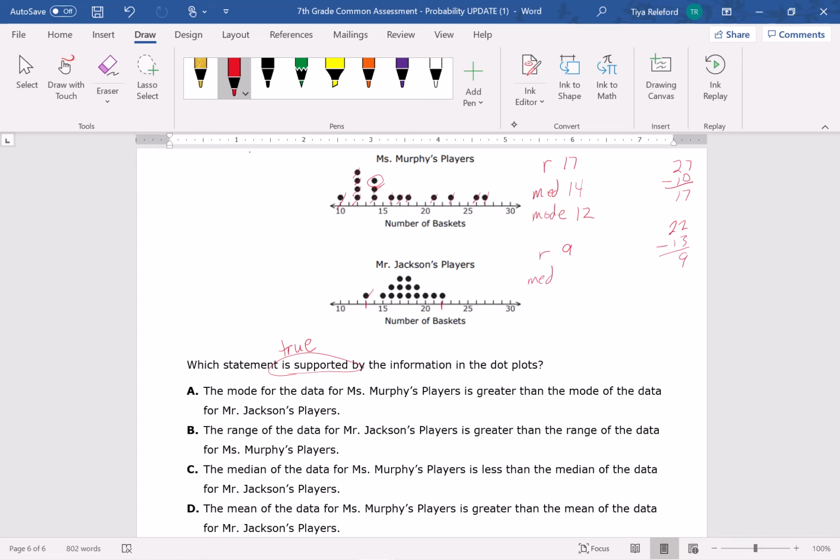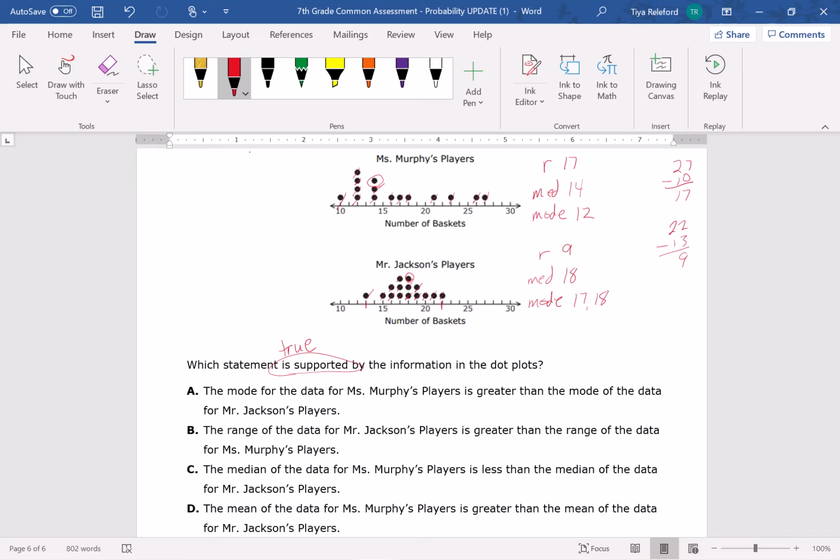Your median is 18. And your mode, you actually have two modes. You have 17 and 18. They both have 3 dots on them.